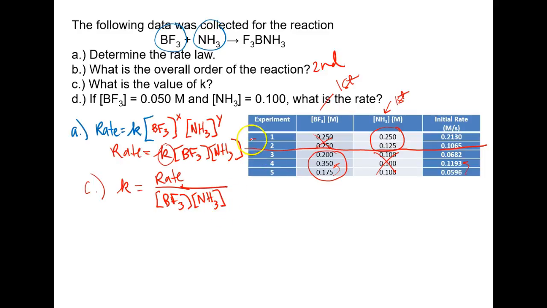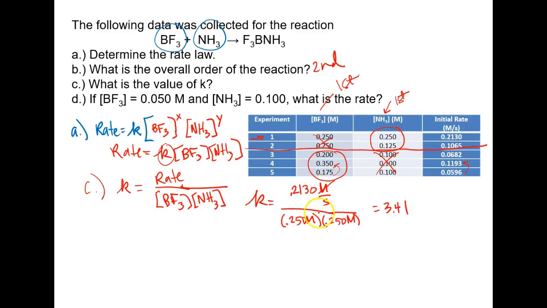And plugging in, let's say, experiment 1, I would get 0.2130 molarity per second over, BF3 is 0.250 molar, and NH3 is 0.250 molar. And crunching that out on your calculator, I should get 3.408 or 3.41.